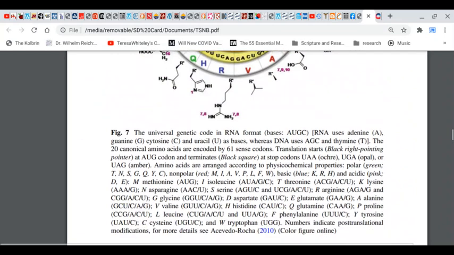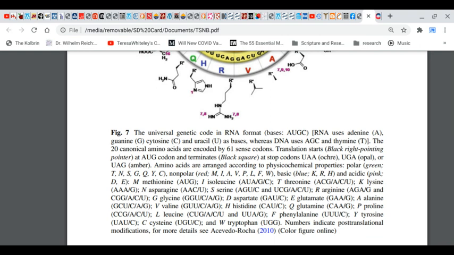Let's look at this. The universal genetic code in RNA format uses adenine, guanine, cytosine, and uracil as bases, whereas DNA uses A, G, C, and thymine. The 20 canonical amino acids are encoded by 61 sense codons.